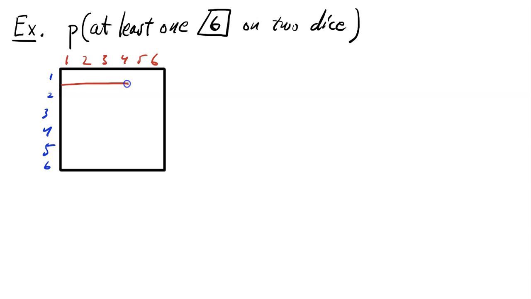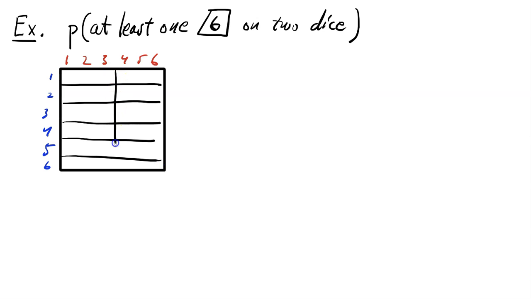Then we saw that we had 36 squares, 6 times 6 squares. And each of these squares was equally likely. For example, it's just as likely to get a red 4 and blue 2 as getting a red 2 and a blue 6.